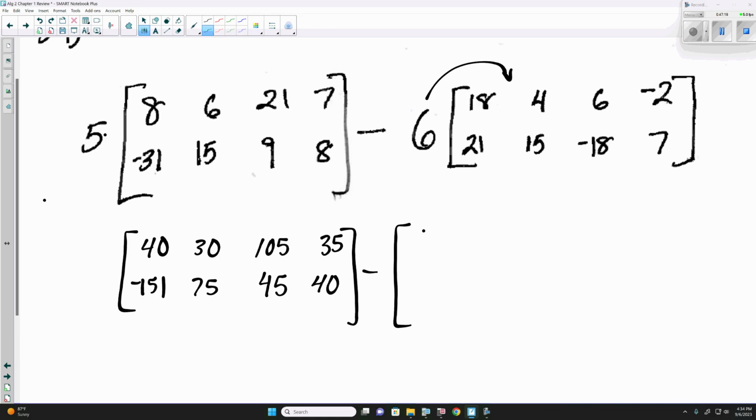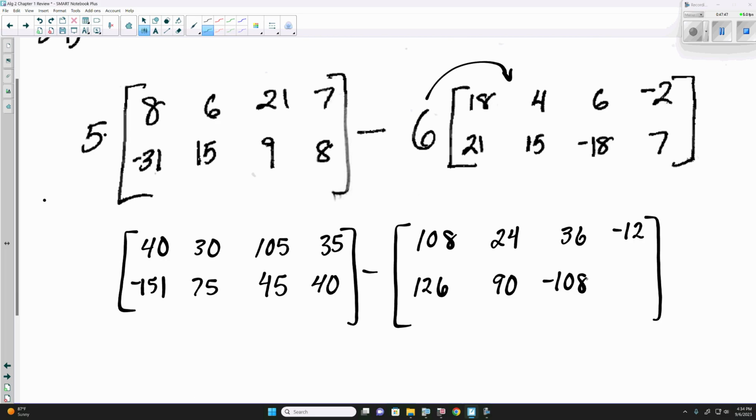Well, our 6 times 18 is going to be 108. 6 times 4 is 24. 6 times 6 is 36. 6 times negative 2 is going to be negative 12. 6 times 21 is 126. 6 times 15 is going to be 90. 6 times negative 18 is going to be negative 108. And lastly, 6 times 7 is 42.